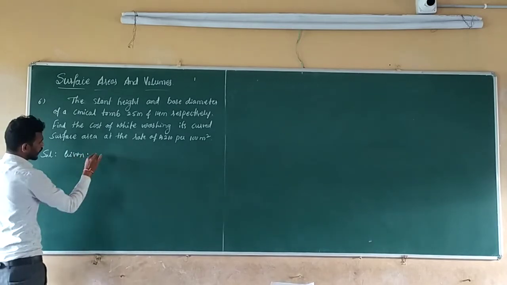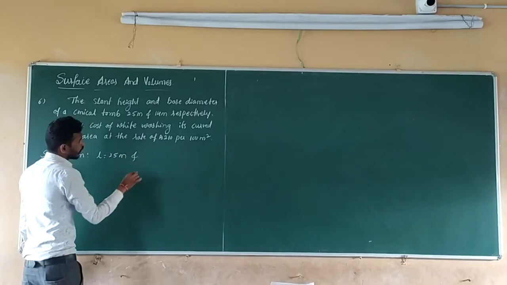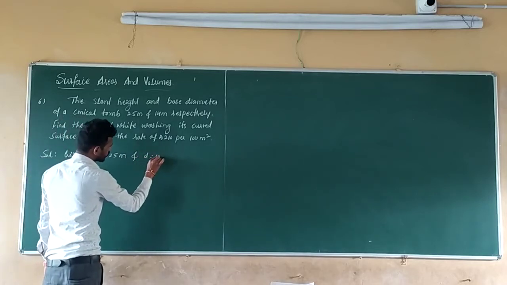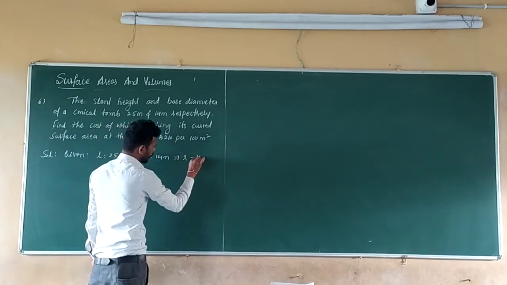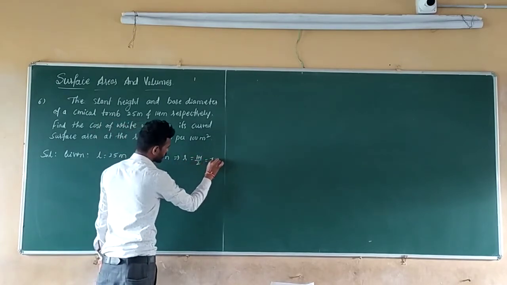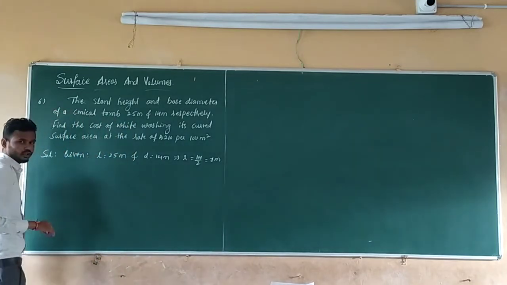So given is slant height, L is equal to 25 meter, and the diameter is given as 14 meter. Then radius will be half of the diameter, that is 7 meter. Now find the CSA of the conical dome.